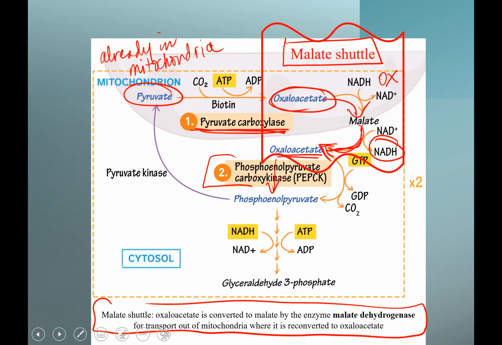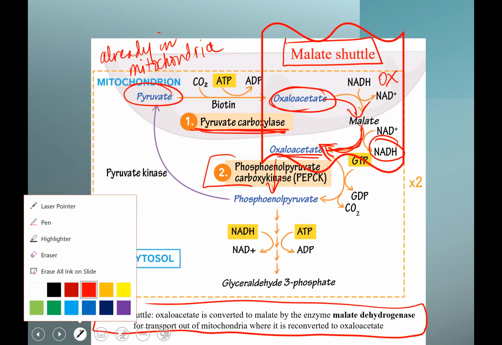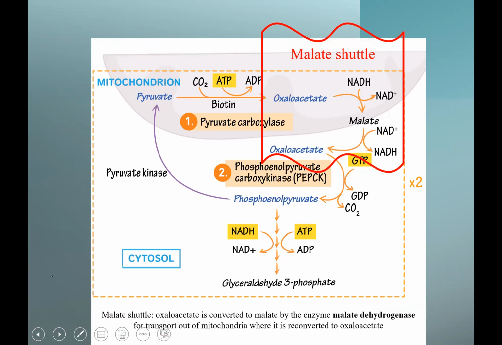So I'll just try again one more time, just to explain all this. Pyruvate is already in the mitochondria. We know it's a two-step reaction to get to PEP, right? So that's the big picture. We're trying to get to PEP. But this has another layer of complexity, really, because in between the pyruvate carboxylase reaction, which forms oxaloacetate, we have this malate shuttle.